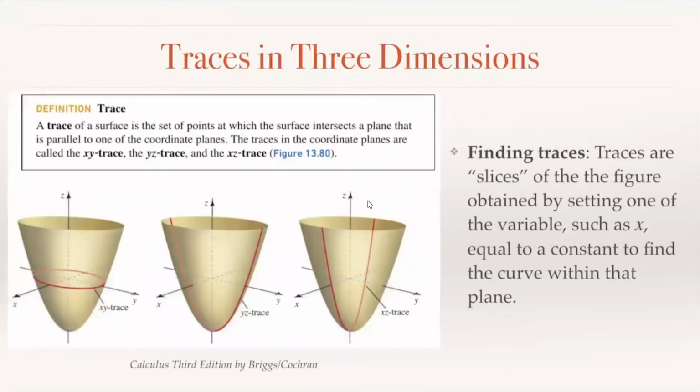So in these, we have been utilizing what we've been calling traces. A trace meaning plugging in or setting one of the variables to be constant to see what a sort of slice of our two-dimensional equation looks like.